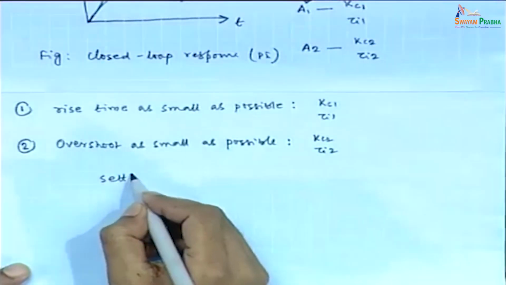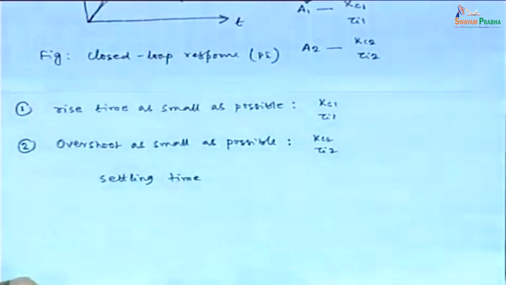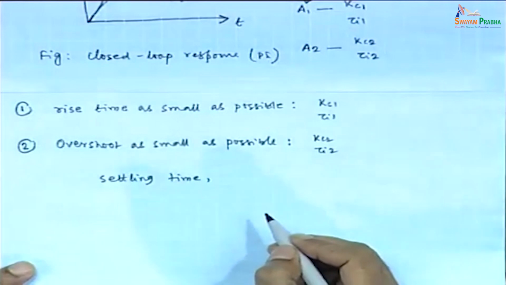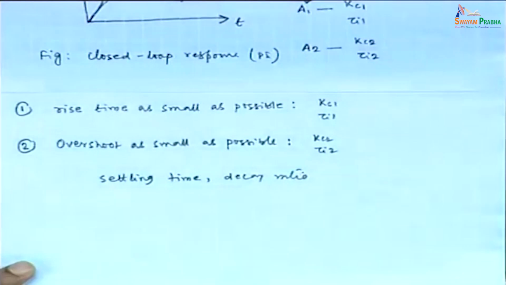Like rise time, overshoot, there are few more characteristic features. They are like settling time should be as small as possible. Another characteristic feature is decay ratio. Fine. Now, one thing is clear that we are in a dilemma in selecting the tuning set. Which one will we select, Kc1 tau y1 or Kc2 tau y2?